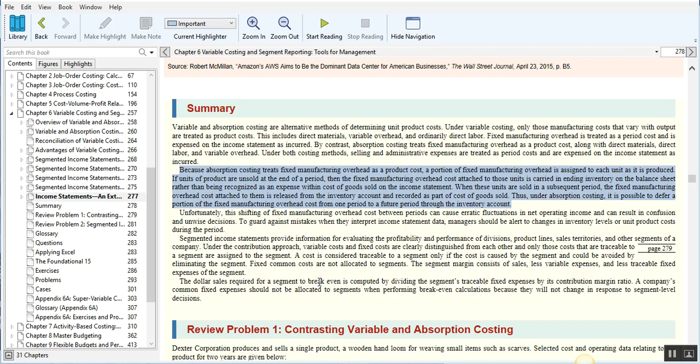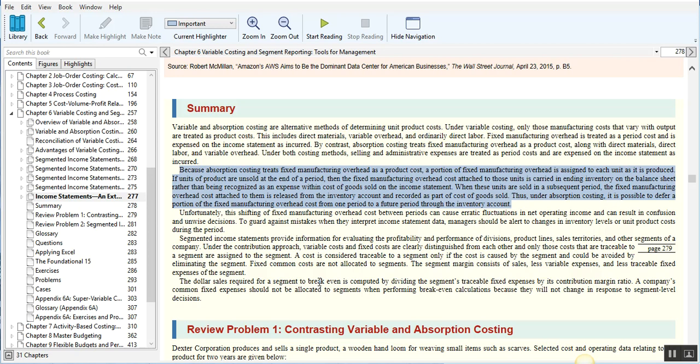If units of product are unsold at the end of a period, then the fixed manufacturing overhead cost attached to those units is carried in ending inventory on the balance sheet rather than being recognized as an expense in cost of goods sold on the income statement. When they're sold, the fixed overhead cost attached to them is released from the inventory account and recorded as part of cost of goods sold. This is exactly what we were talking about earlier in the difference between the two methods.